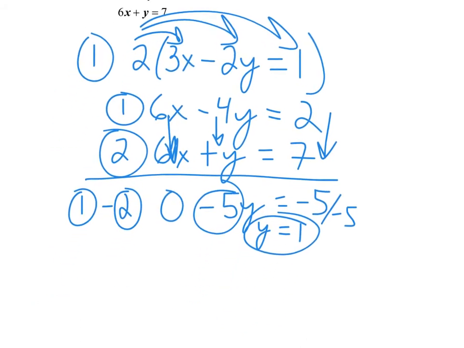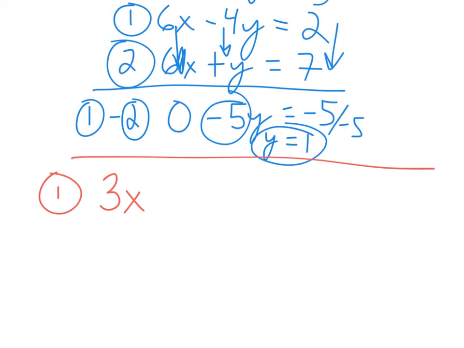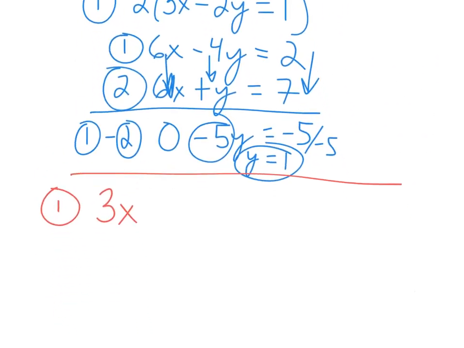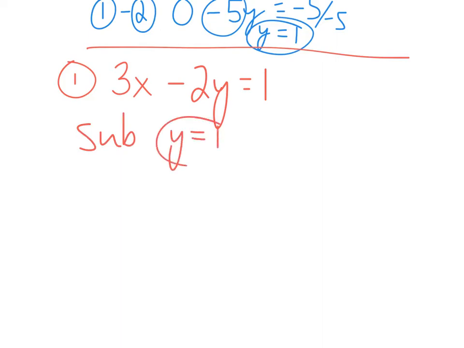Then we're going to take that y value and sub it back into the equation. Let's take the original equation 1, 3x minus 2y equals 1, and sub y equals 1 into that and solve for x.